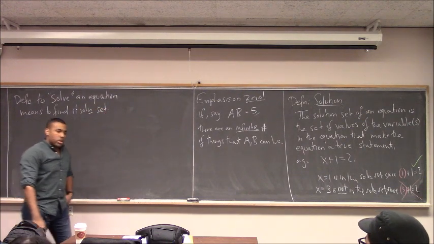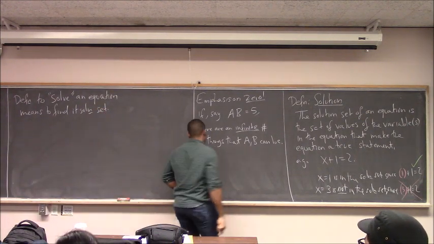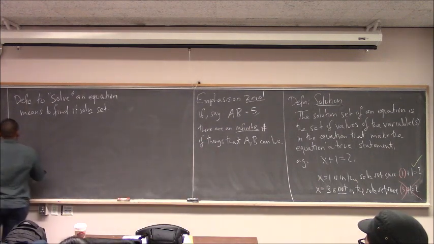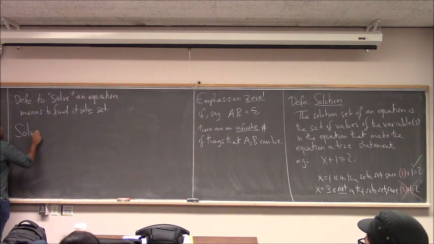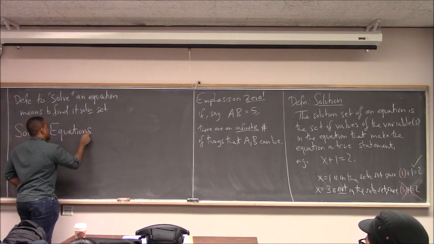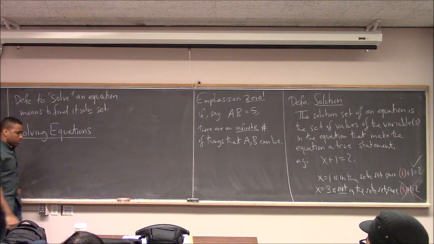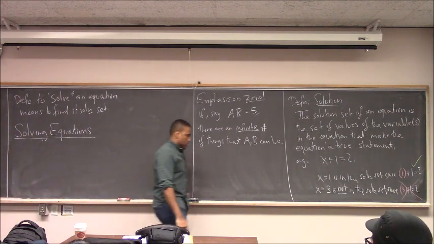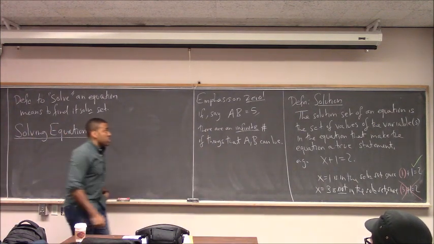Find the set of values for the variables that make the statement true. Okay, so now let's talk about solving equations. That's what equations are. This is what it means to solve them.